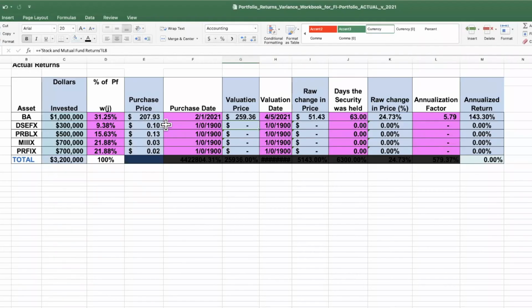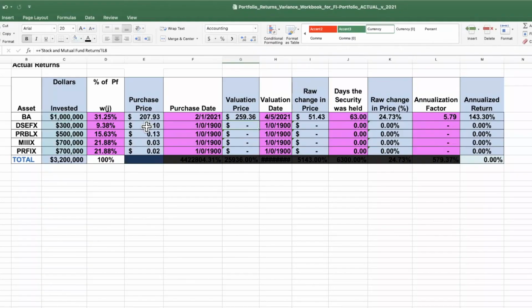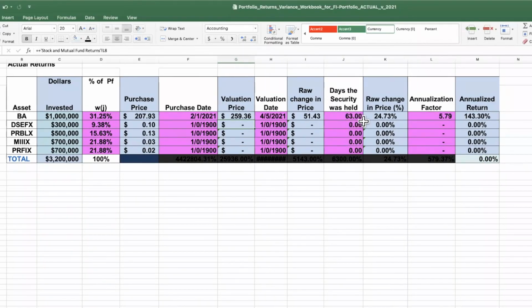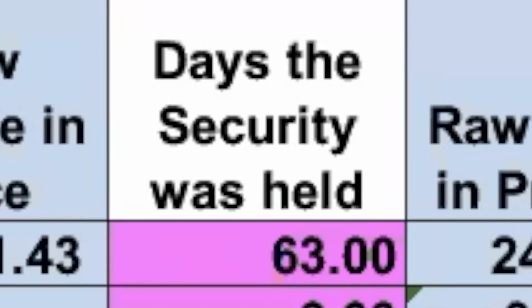The raw change in the stock price, and the good news is my stock went up. So it went up by $51.43, which is the difference between the $259.36 and the $207.93. And I calculate the number of days the security was held between April 5th, 2021 and February 1st, 2021, and that was 63 days.